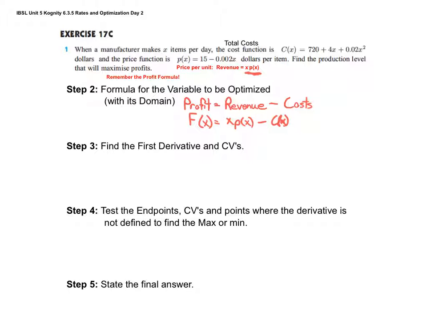So to flesh this out and simplify it a little bit, capital F of x is going to be x times the P of x. So that's going to be 15 times x minus 0.002 x squared. Wait, Mr. Hickson, what's the x times P of x minus what? Cost, C of x.